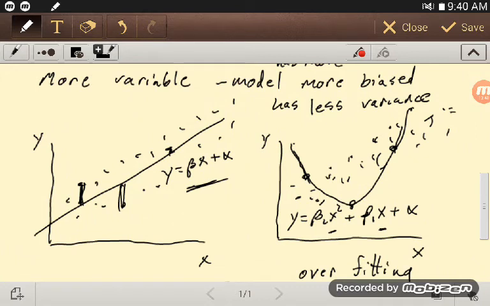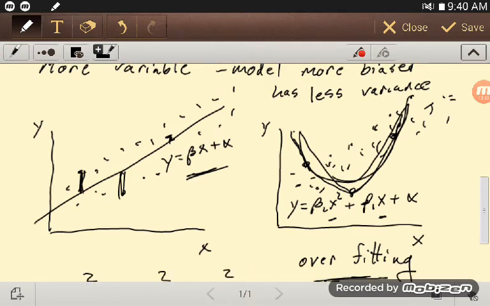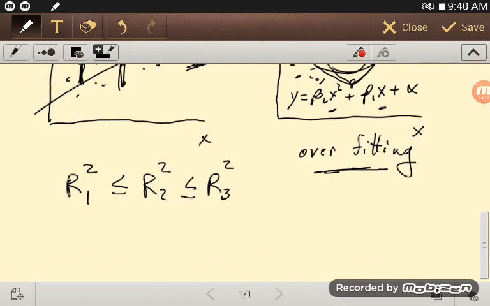You can kind of see that in this parabola example, in that as I add powers of x, which are a lot like adding variables, I can always fit my data perfectly if I use enough of them. And so I can just keep making R squared bigger and bigger and bigger.